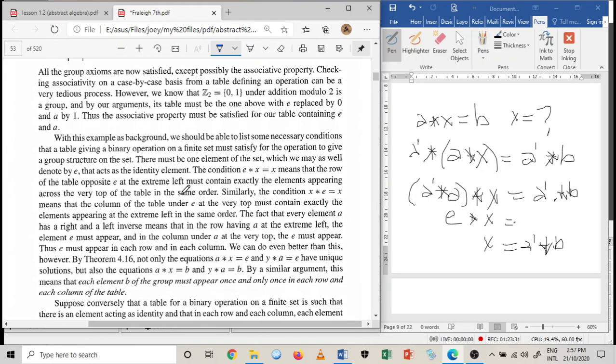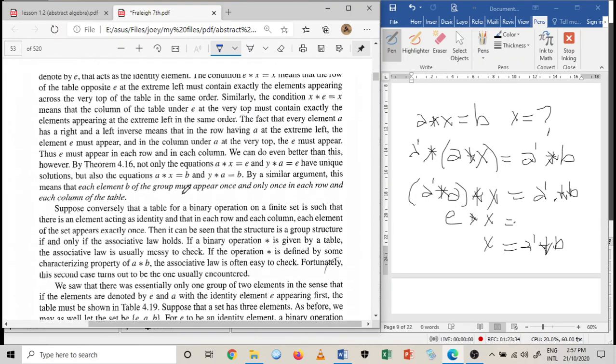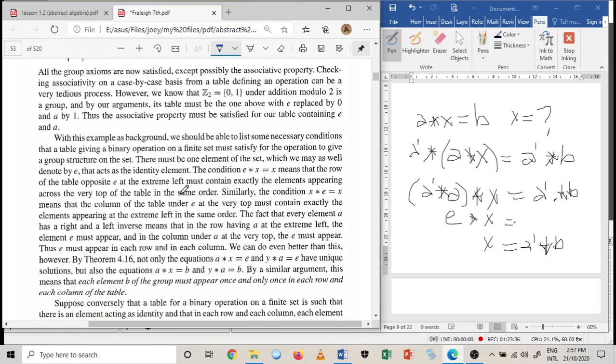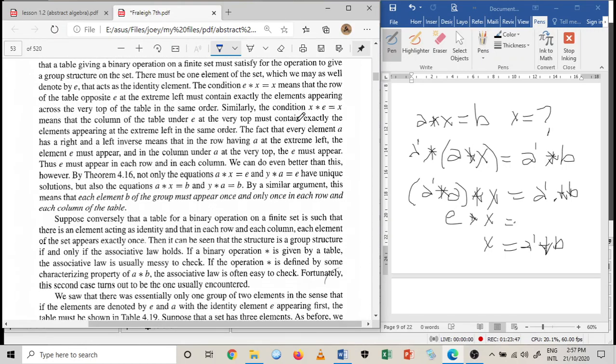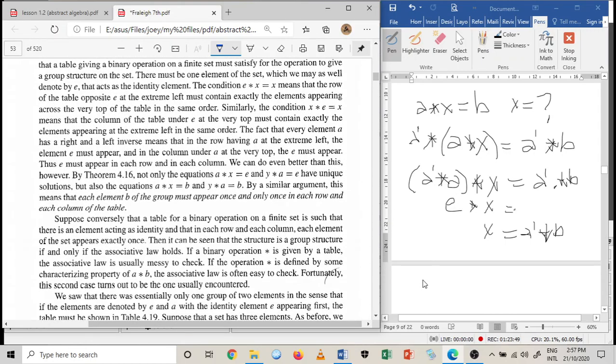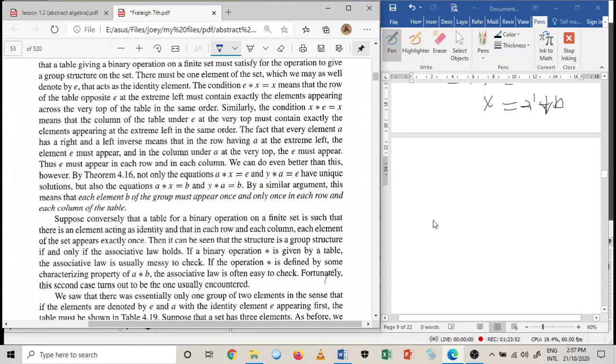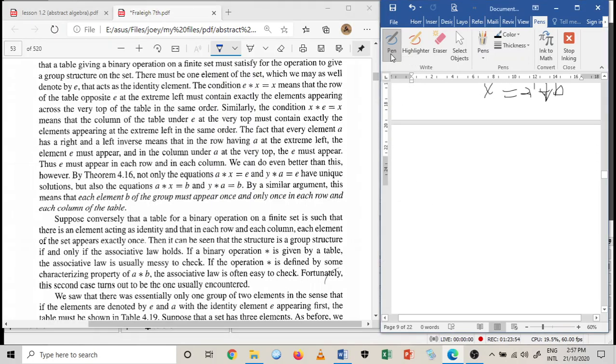Next, if we would have three elements, but take note here that it is not only that E can be found in each row and each column. Take note that in the preceding theorem, the equation A operation X equals B must have a solution.